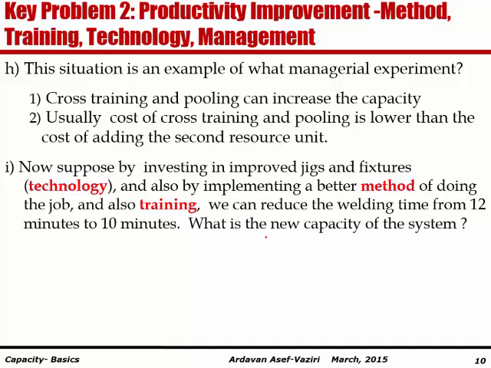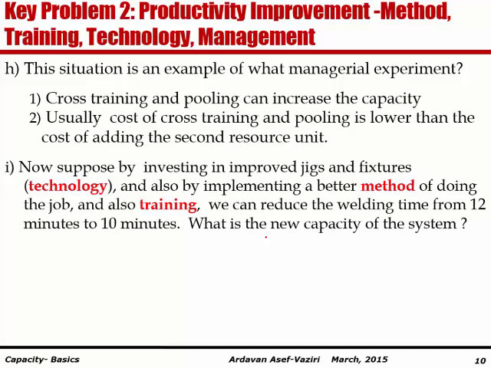But we shouldn't forget that when we pool and cross-train, activity times slightly go up. However, because we are using the empty capacity of non-bottleneck resources, the process capacity may go up.